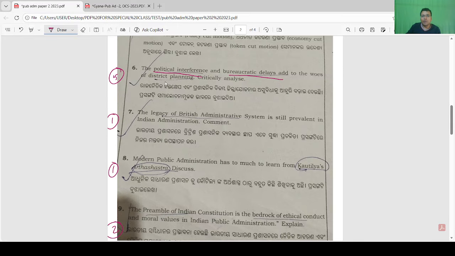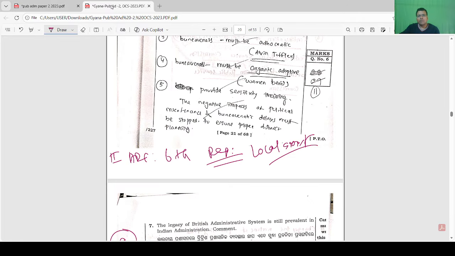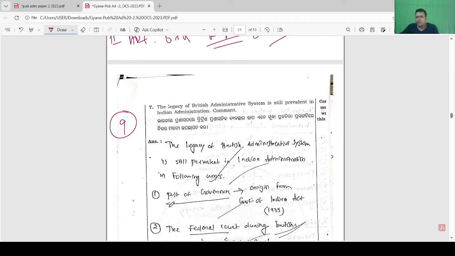He could have added the Second ARC. So I recommend you add Second ARC wherever it is necessary, the reports we discussed in class. He has missed this. Revision is very necessary, just reading is not enough.